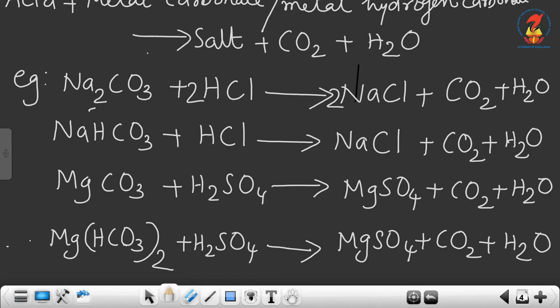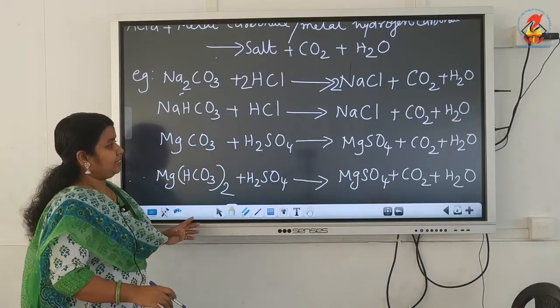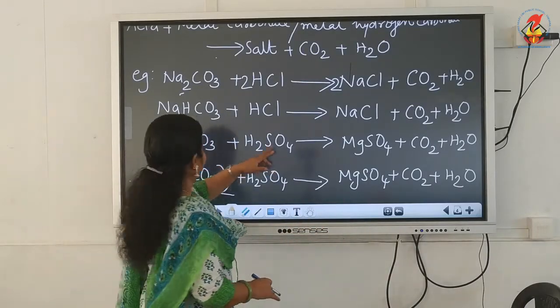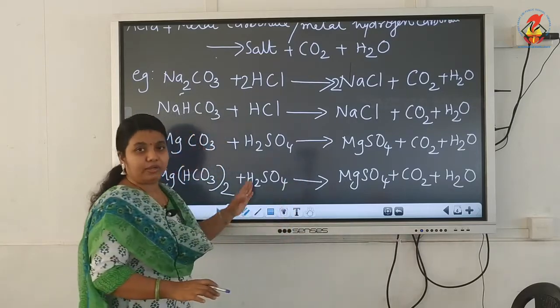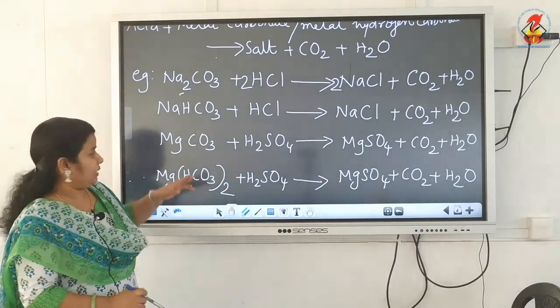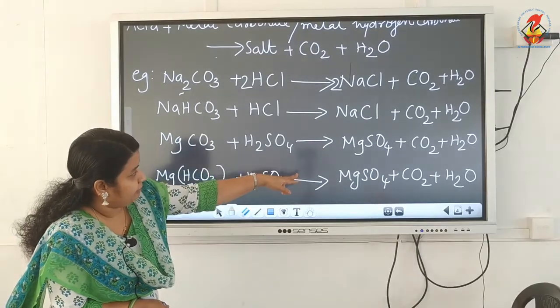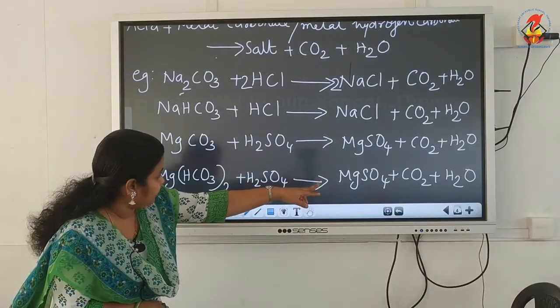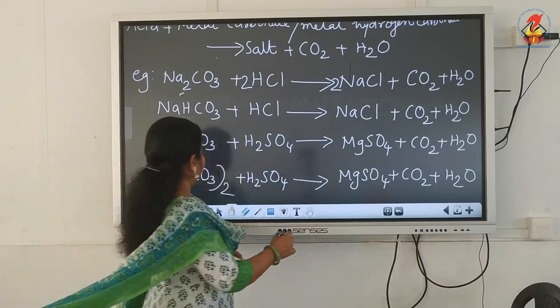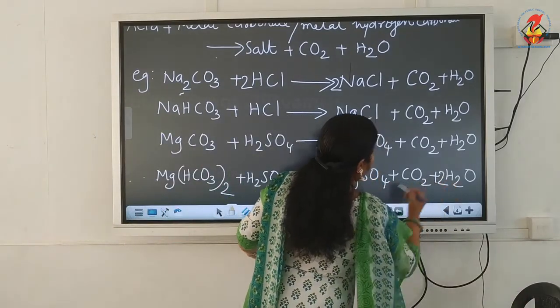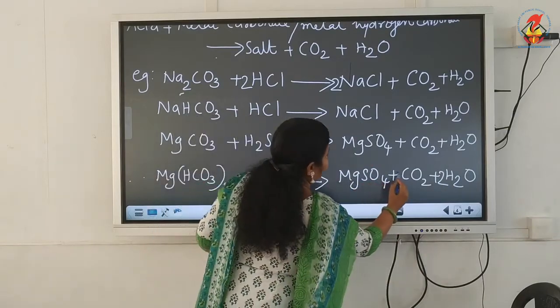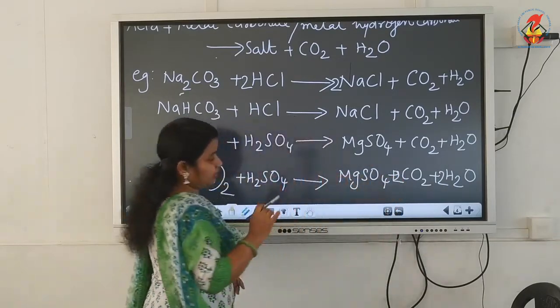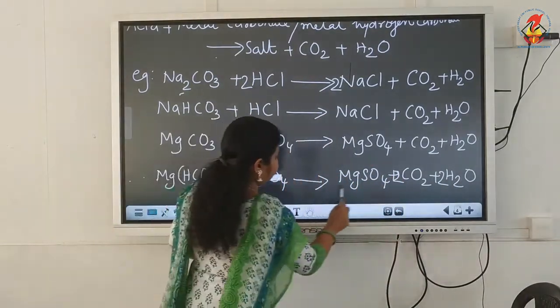The difference is only in the balancing. So you get magnesium sulfate, carbon dioxide and water. Here also magnesium sulfate, carbon dioxide and water. That is 2H2O, 2CO2. So that is the only difference there.